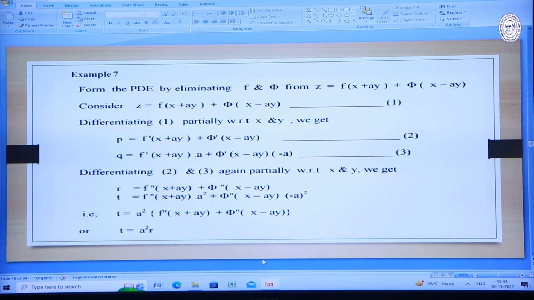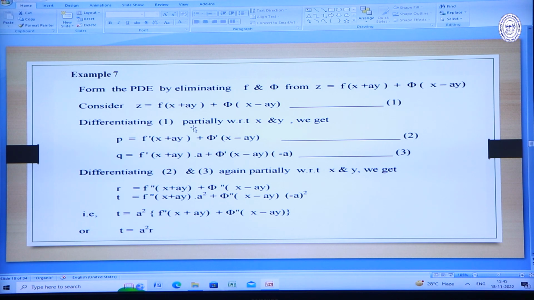Example 7. Form the partial differential equation by eliminating f and phi from z equal to f of x plus ay plus phi of x minus ay. We first take z equal to f of x plus ay plus phi of x minus ay.